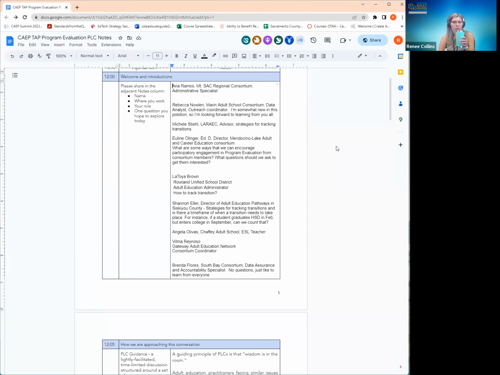Right. It's a great question, and one that we are trying to tackle from various different points. A student can have multiple updates. So, for instance, let's just take a scenario. An ESL student goes from ESL to ASC, and that transition happens in January.